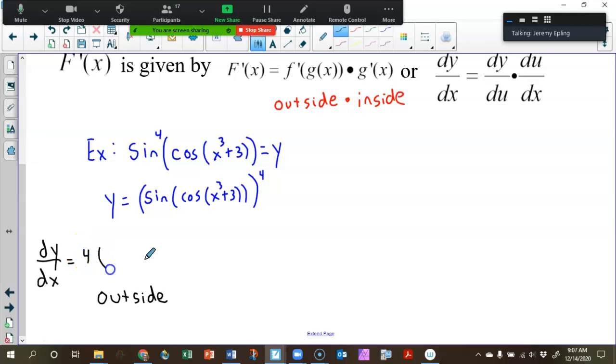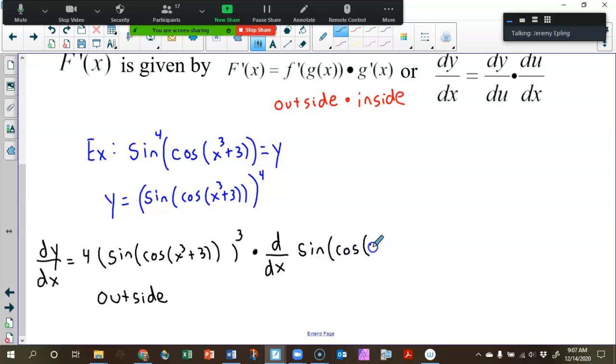That derivative is 4 times something to the 3rd power. And that something is our function g, the sine of the cosine of x cubed plus 3. The derivative of our outside piece times the derivative of our inside piece. So our inside piece in this case is the sine of the cosine of x cubed plus 3.